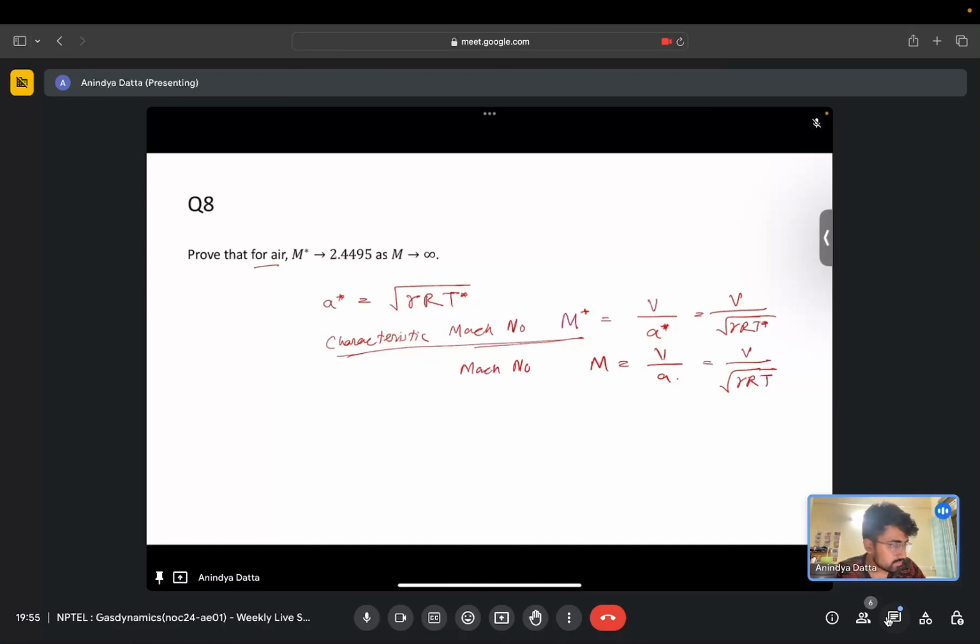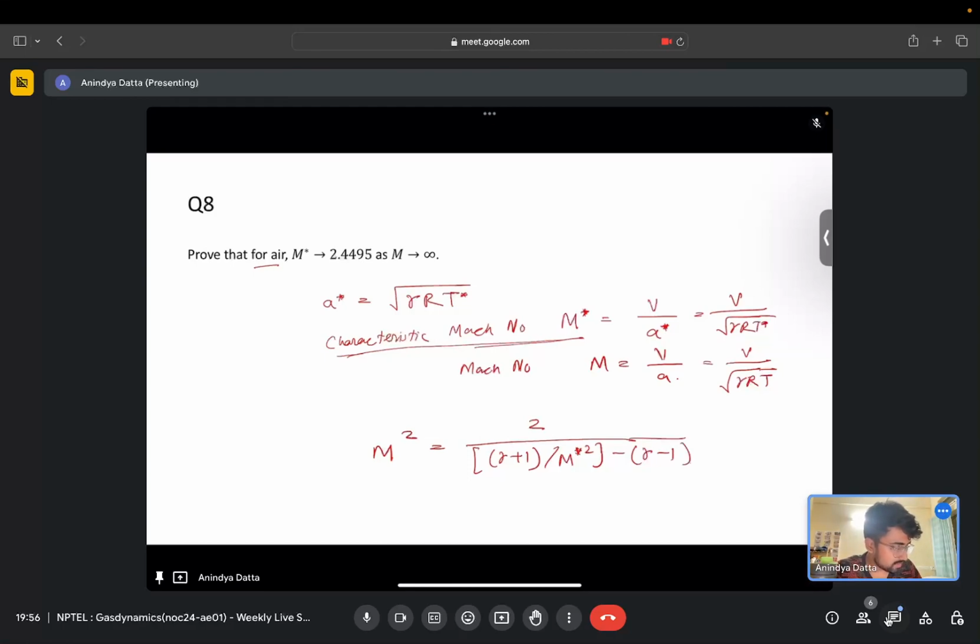I don't have time to go through the derivation, so see the lecture. There was a formula derived for this, that M squared is equal to 2 by gamma plus 1, divided by M star squared minus gamma minus 1.